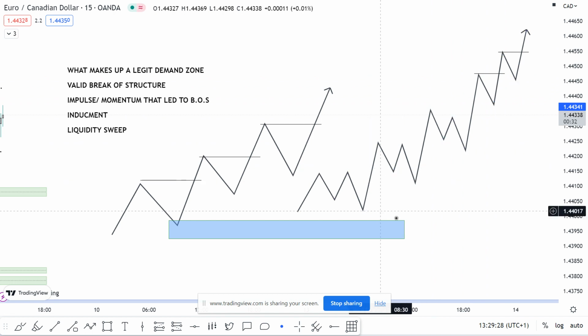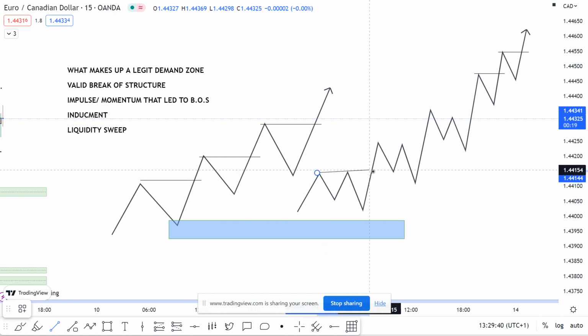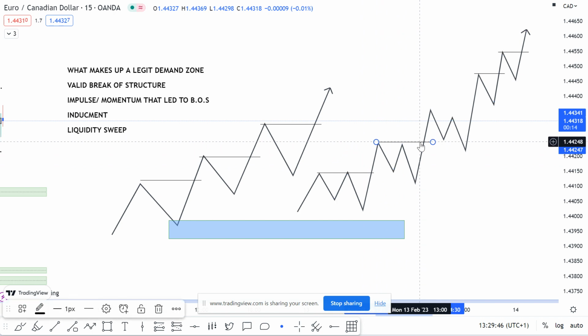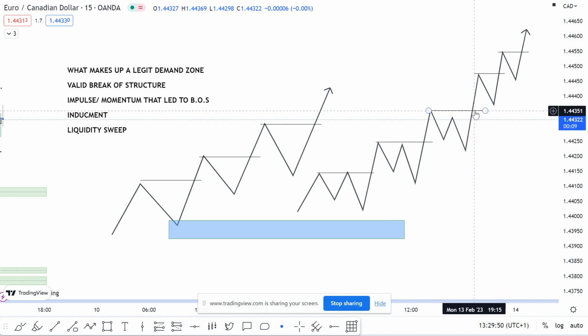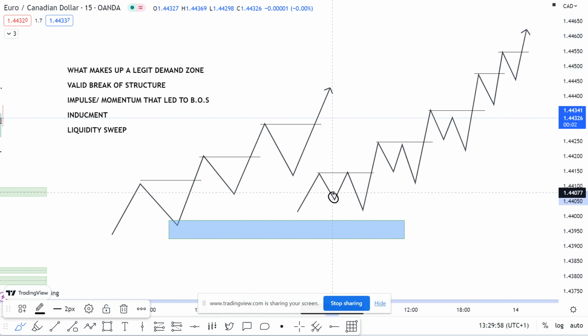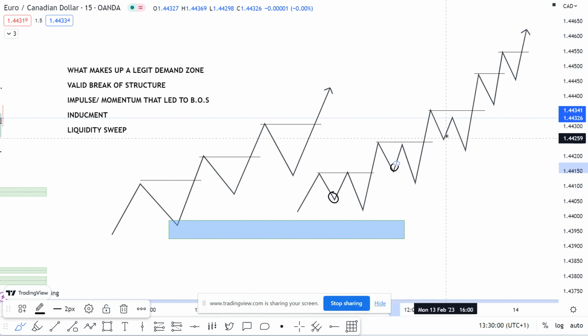But in reality, over the years, as the forex market keeps getting more complicated, for a valid break of structure to happen, it must take out inducement. So this is valid, this is valid, and this is valid. This is a valid break of structure because before this high was broken, a previous low was broken, a previous low was broken, a previous low was broken.